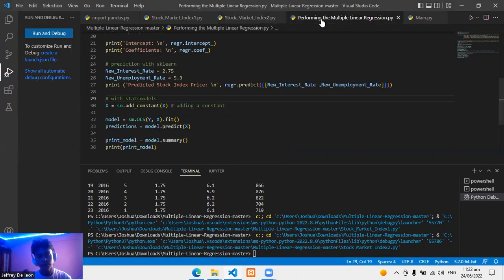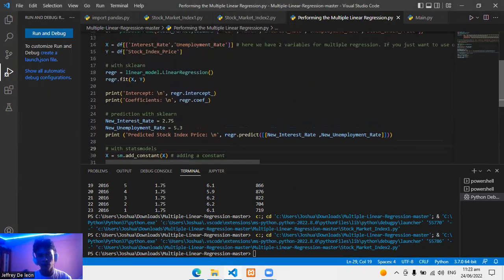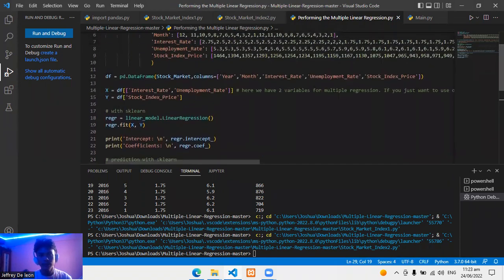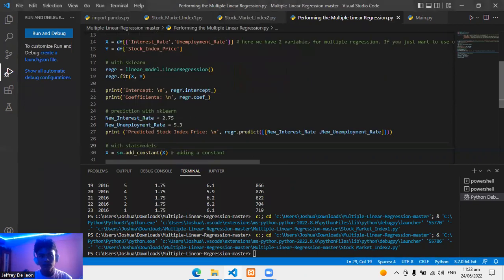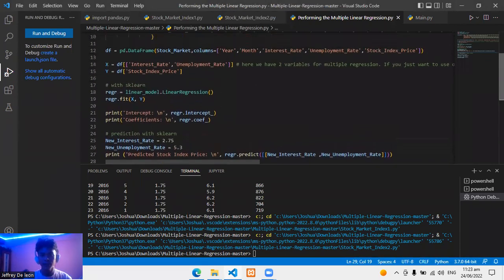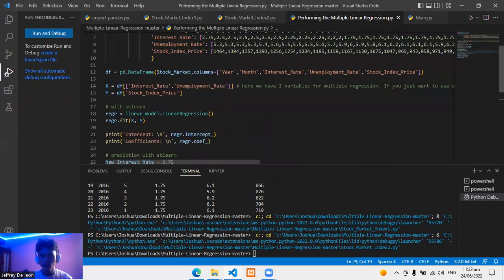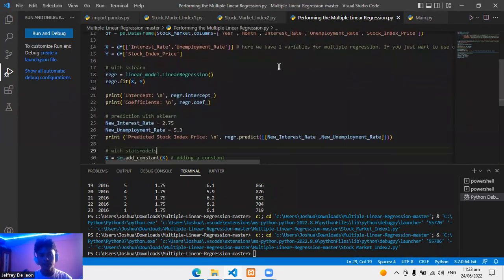Next po natin is si codes for getting the predicted value of our stock index price in our two independent variables. Dito gamit tayo ng multiple regression, and we are going to use sklearn and stat models. The first part po na gagawin ni sklearn is to display the intercept and the coefficient.